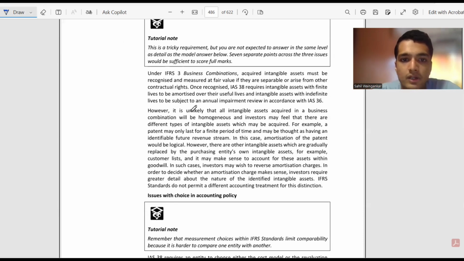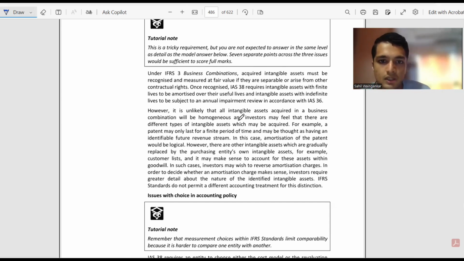ठीक है. However, it is unlikely that all intangible assets acquired in a business combination will be homogeneous, and investors may feel that there are different types of intangible assets which may be acquired. For example, a patent may only last for a finite period of time and may be thought of as having a finite future revenue stream. In this case, the amortization of the patent would be logical.